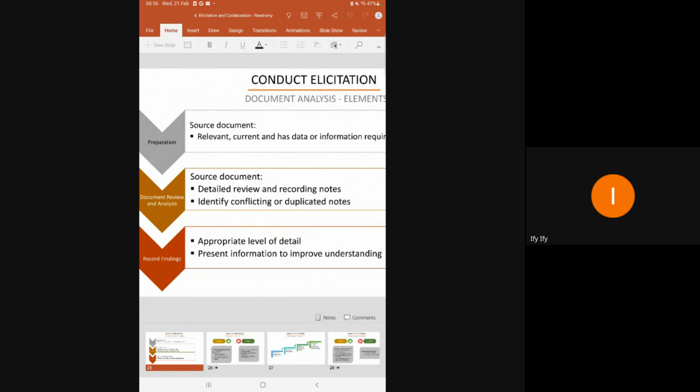As I said, you get multiple documents, so you should avoid duplication, and even in the notes you picked up, you have to eliminate duplication and get the relevant information. The third one is record findings. You have to record the appropriate level of detail and present information to improve understanding.